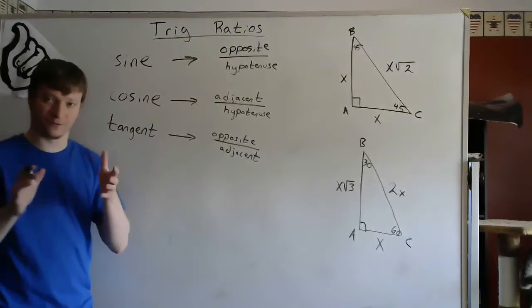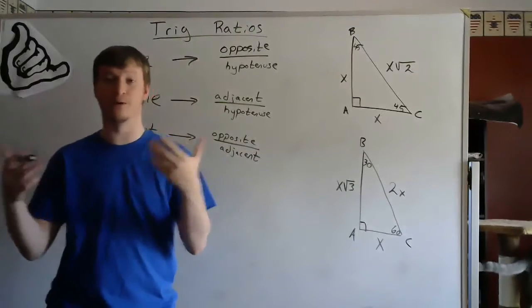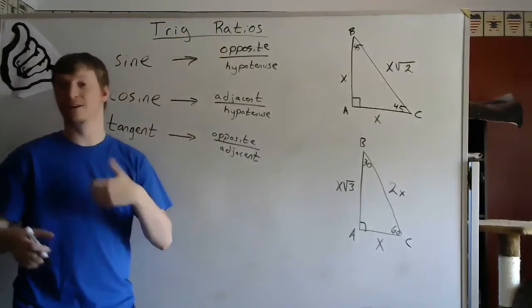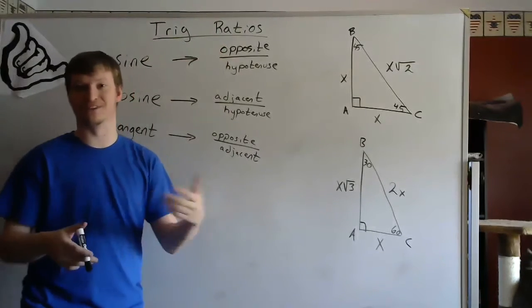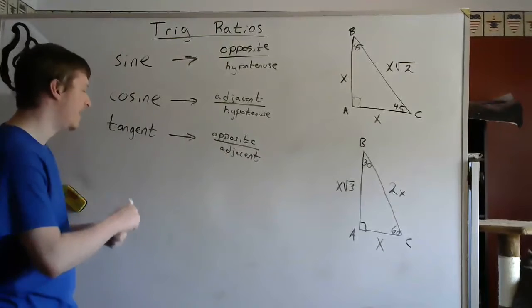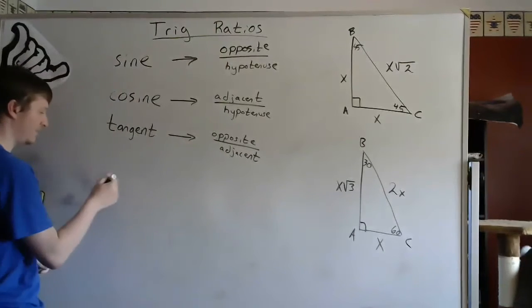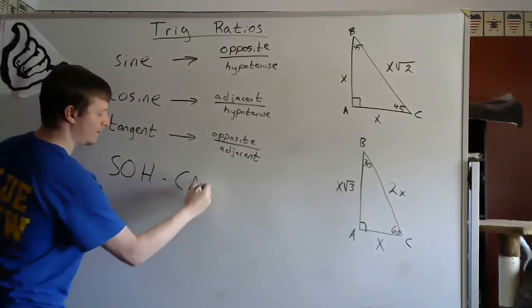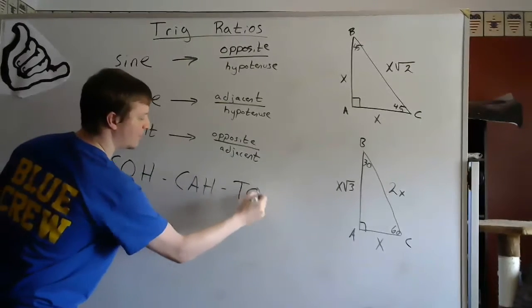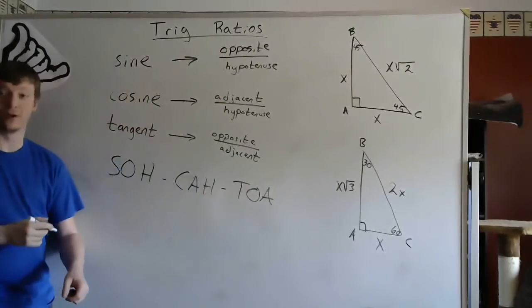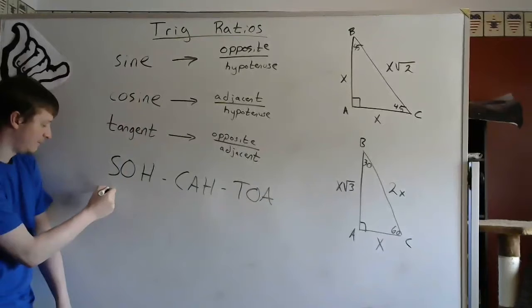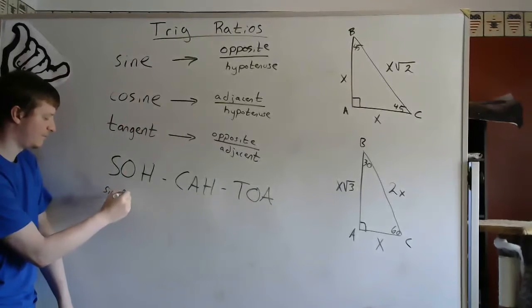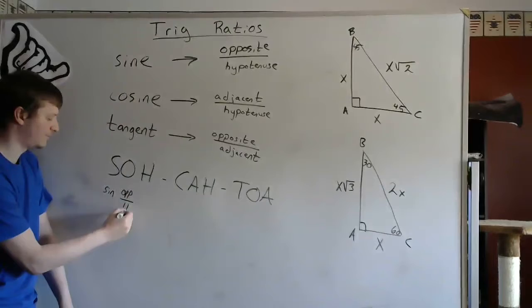So there's a little phrase that you can use to help you remember these ratios. That sine is opposite over hypotenuse, cosine is adjacent over hypotenuse, and tangent is opposite over adjacent. That phrase is this: SOH-CAH-TOA. So SOH: sine, opposite over hypotenuse.